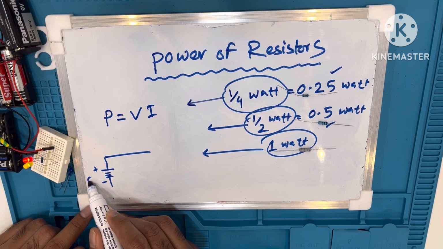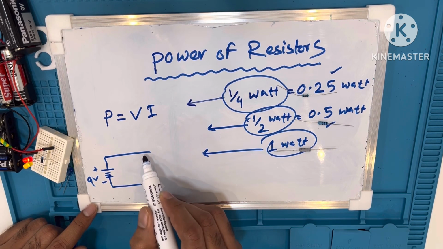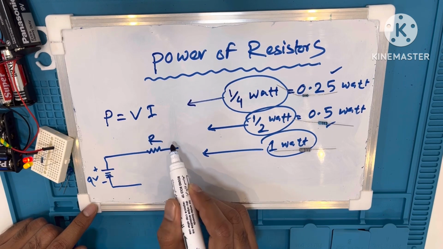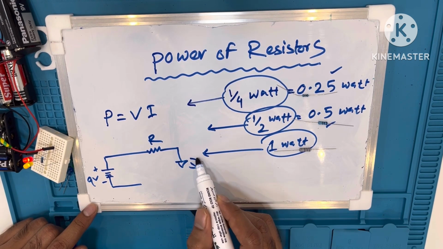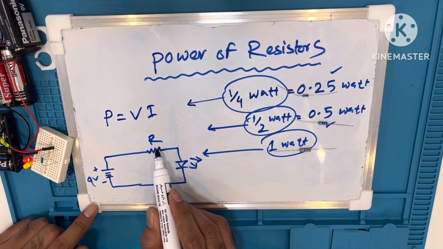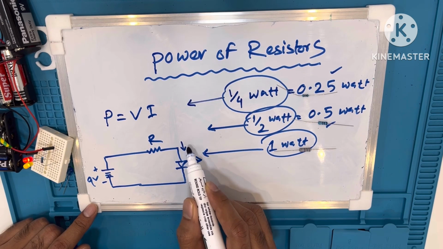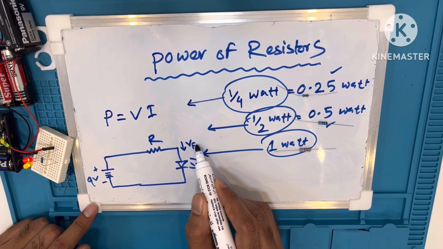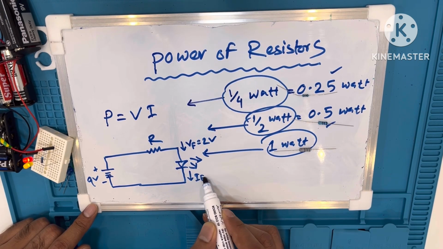Here is a circuit, the source voltage is 9 volts, and here is the resistor. We will calculate this resistor value, and there is the LED. For calculating the resistor value, we need the forward voltage, which is V forward, and the forward current, which is I forward.